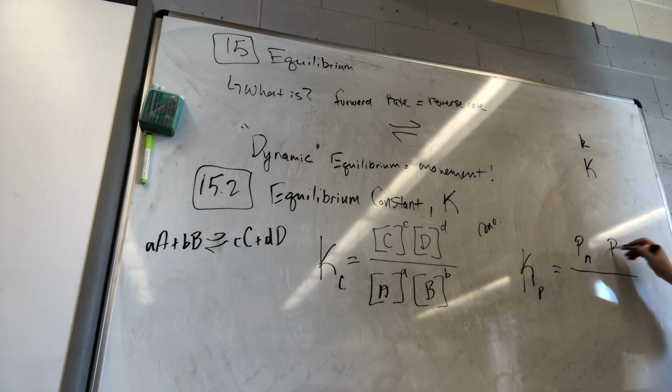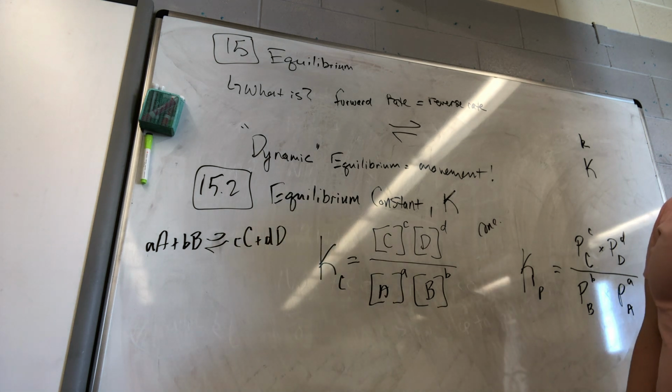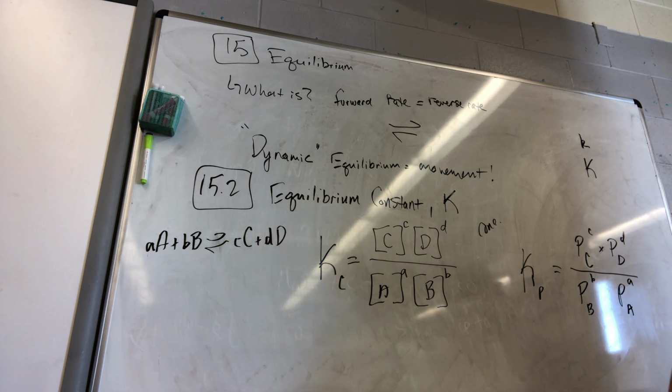Oops, this is C. You can use pressures instead of concentrations. You don't remember that? That's the pain in the butt when you have to find out the individual things. Have we ever actually used that? Pressure? Yeah, we had it on one of our tests too.